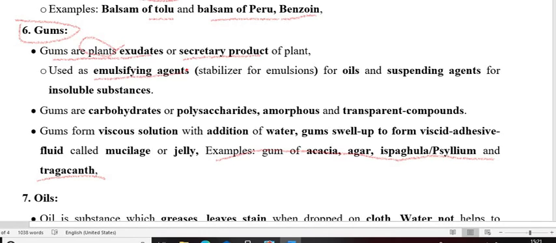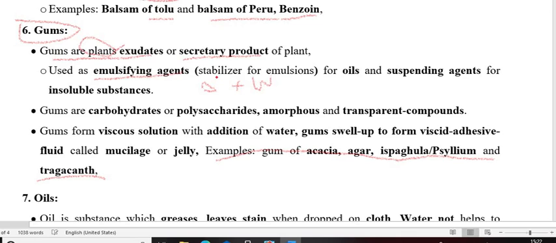First, what is the definition of an emulsifying agent? An emulsifying agent acts as a suspending agent. What it means is, if you are going to mix oil with water, this is rather impossible to mix together.